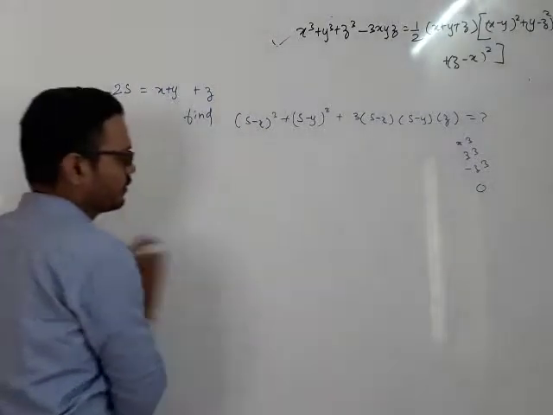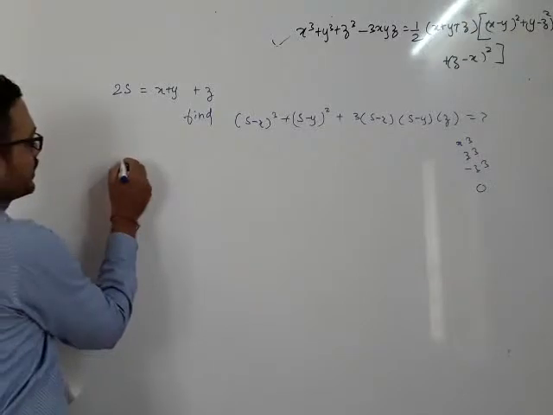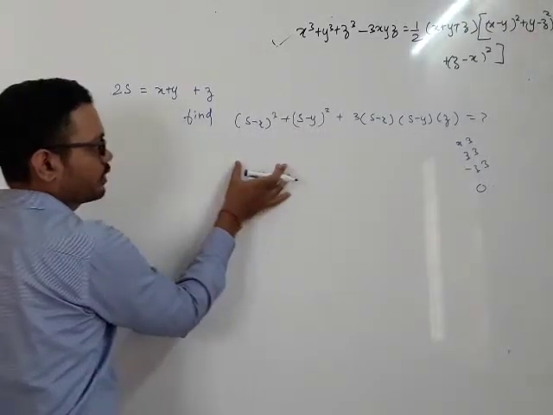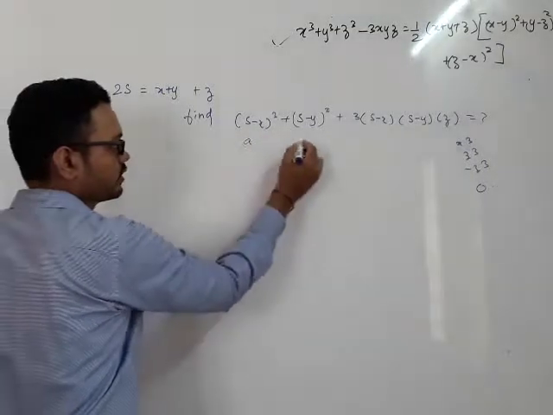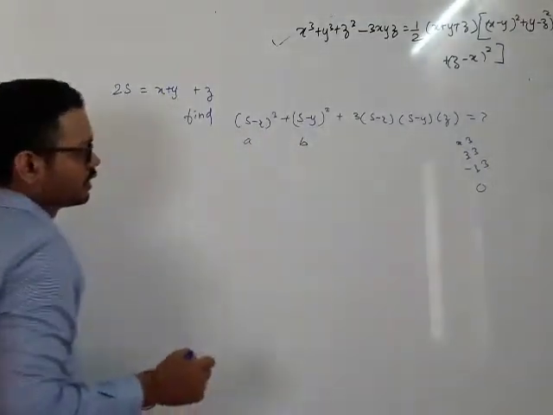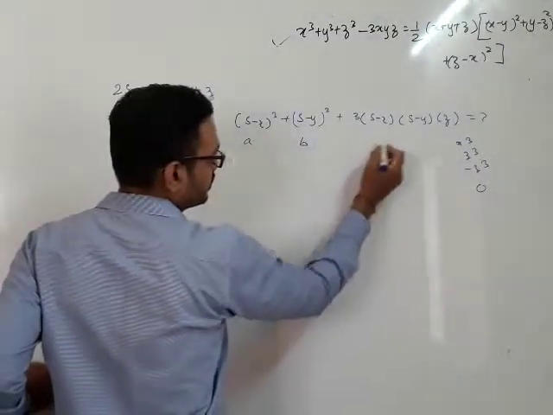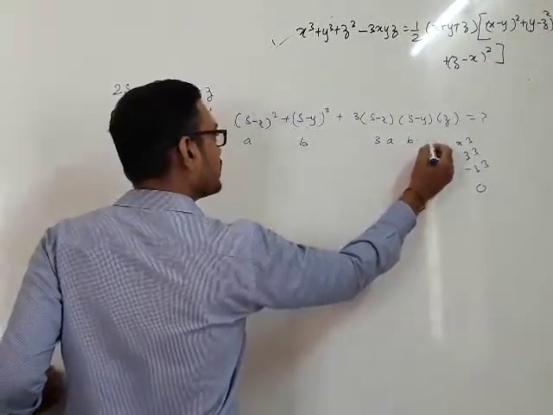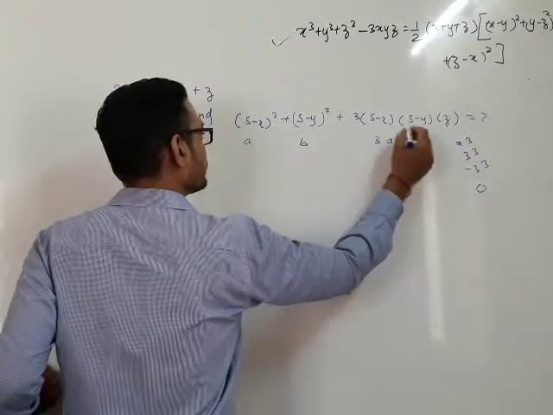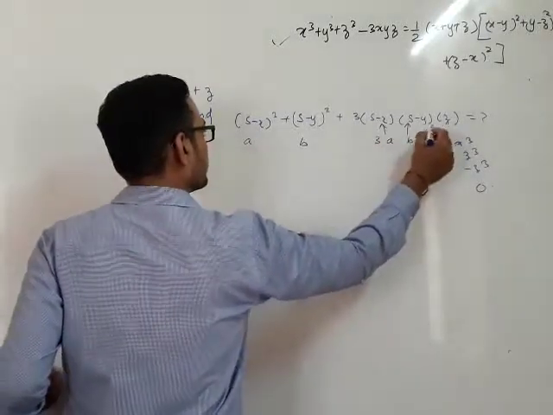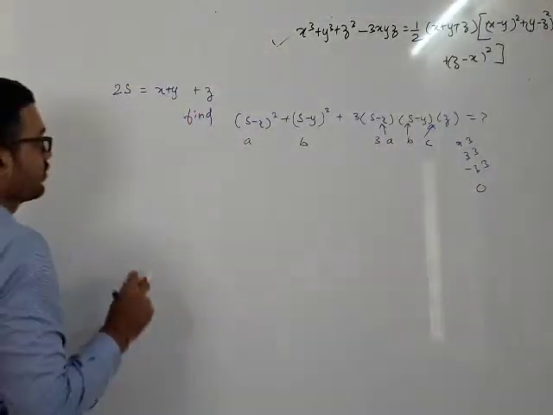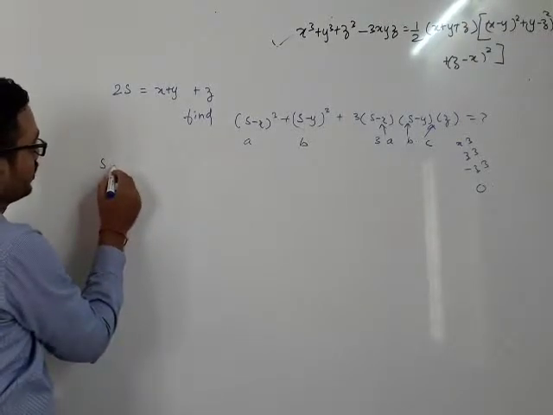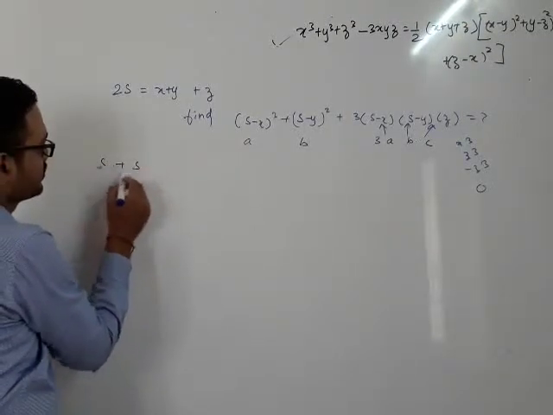In the traditional method, it is just an expansion of a cube plus b cube plus c cube, where this is a, this is b, and this is c, that is z, and this is thrice of abc. So straightforward, 2s can be written as s plus s.